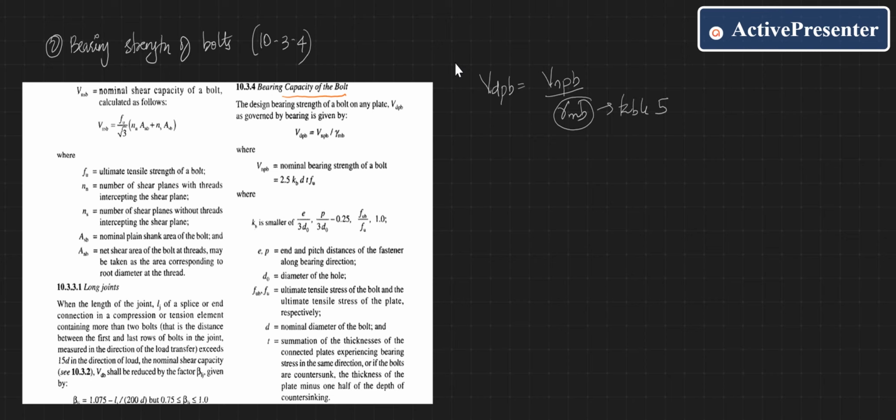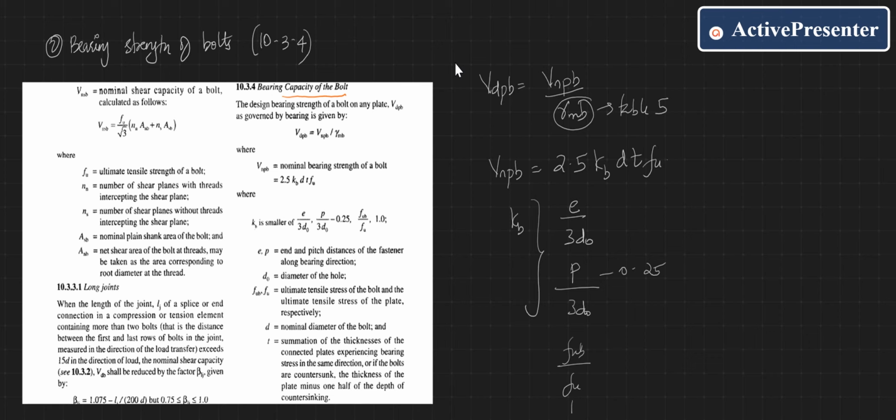And VNPB, that is the nominal bearing strength of the bolt, is given by 2.5 kb dtfu, where kb is the smaller of E by 3 d naught, or P by 3 d naught minus 0.25, or FUB divided by FU, or 1.